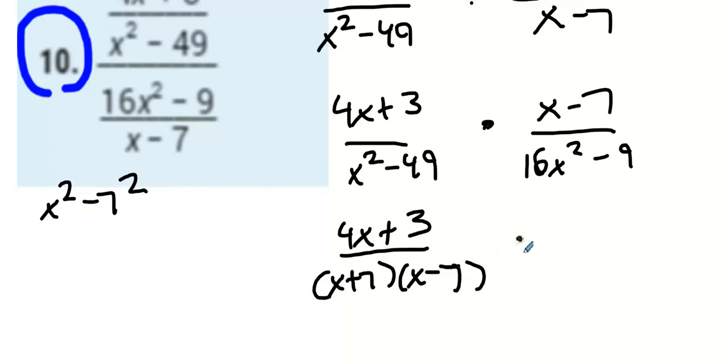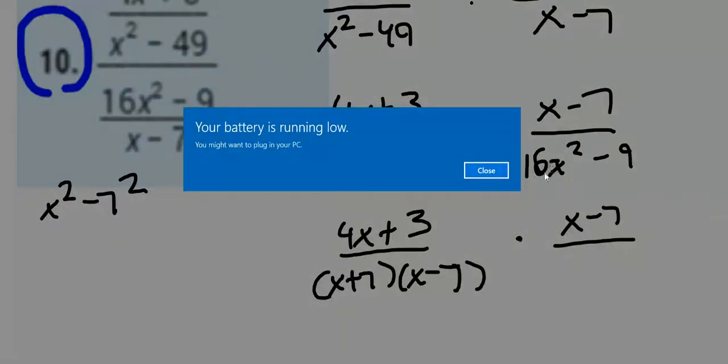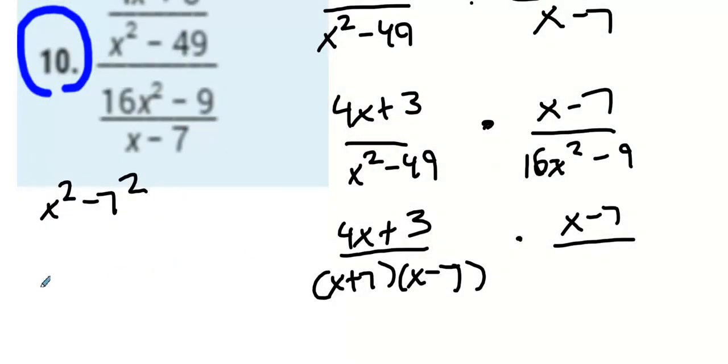Next, on the bottom, it's x minus 7. And this one here, that's 16x squared, which is 4x squared minus 3 squared. Once again, it's the difference of two squares. And what you get when you do the difference of two squares there?